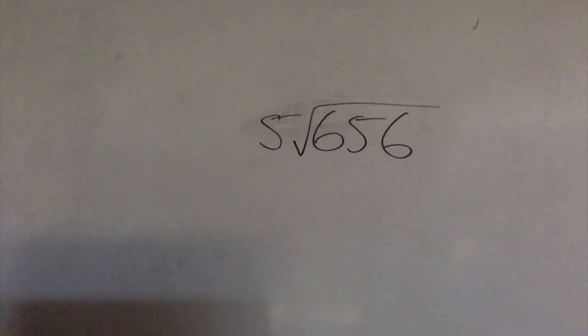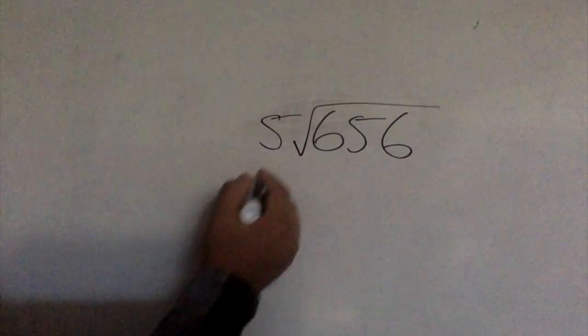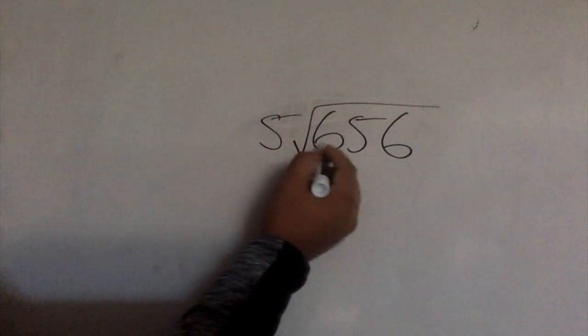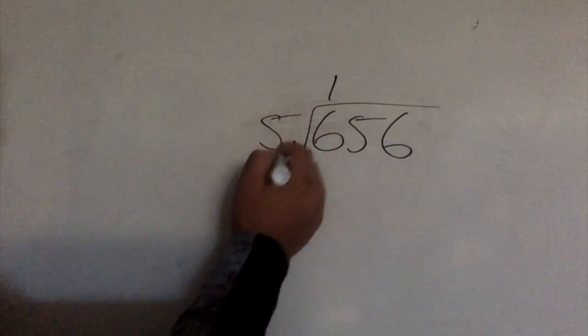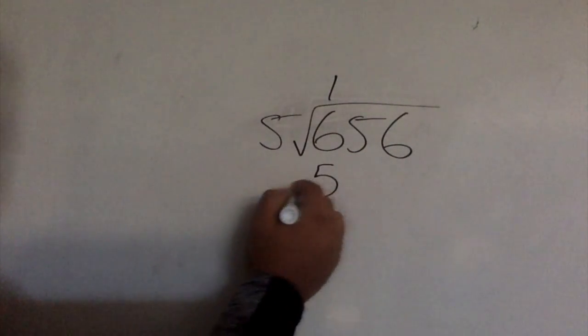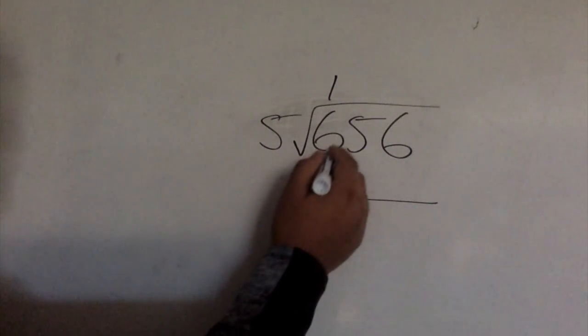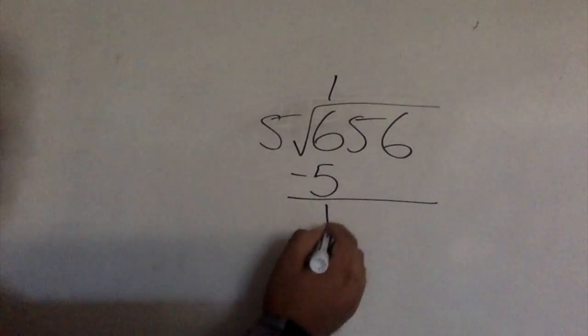656 divided by 5. Now this time it will be a tiny bit tougher, but no big deal. We got this. How many times does 5 go into 6? Well, 5 times 1 is 5. 5 times 2 is 10. We can't go over, so we know that 5 times 1 equals 5. 6 minus 5 equals 1.